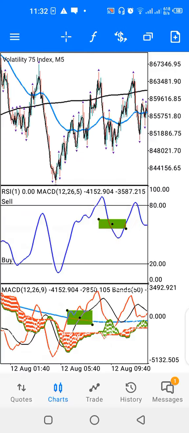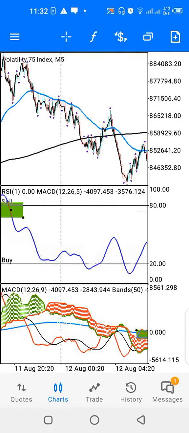Okay, so when the red and the blue line and the black line cross above the Ichimoku and also above the 200 period moving average, you can place your buy.